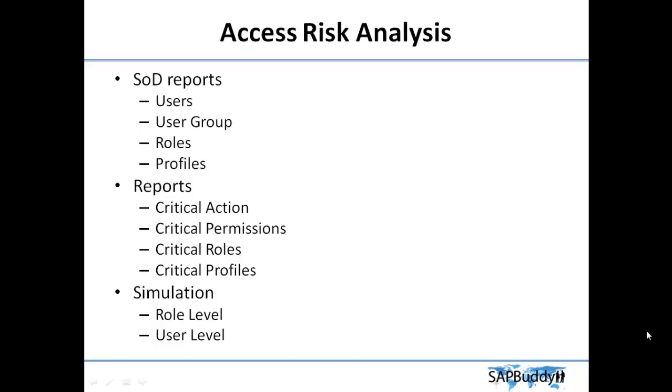This simulation in particular is very unique in SAP GRC, because it's very useful in the remediation process. You can simulate the change by adding or removing some action, so you already know what the effect is going to be. It's a very useful feature in access risk analysis.